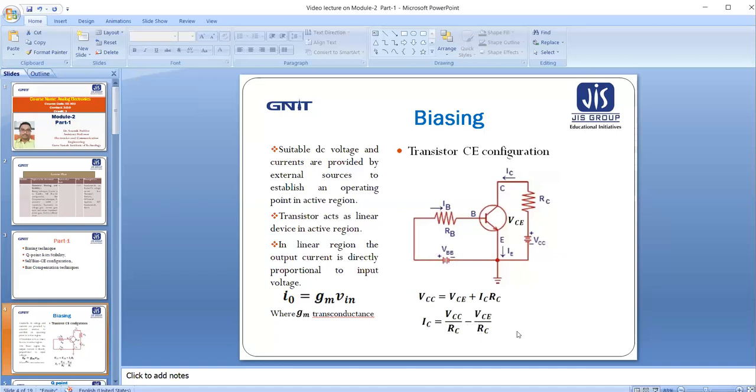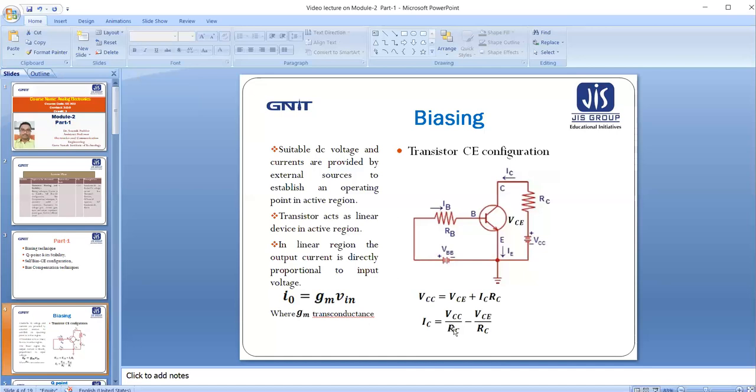If you look carefully at the equation, we shall see that IC is proportional to VCE, but with a negative sign, because VCC and RC both are fixed quantities, they are constant, so it becomes a constant value.